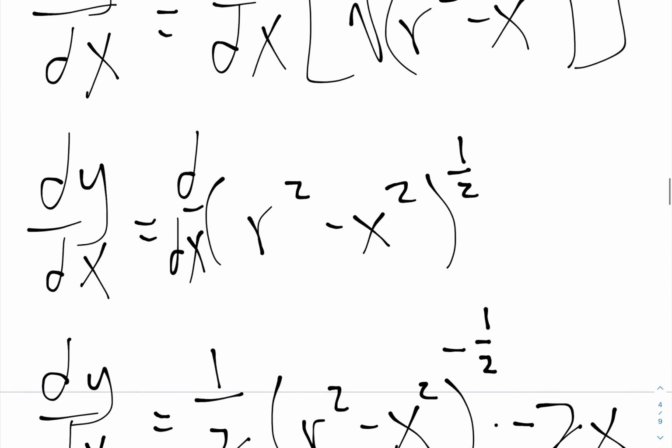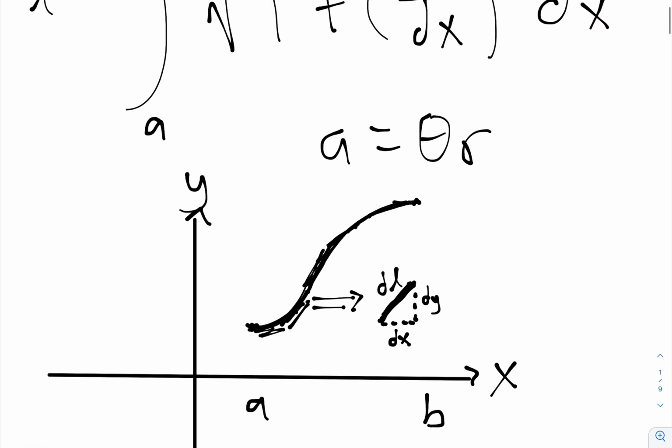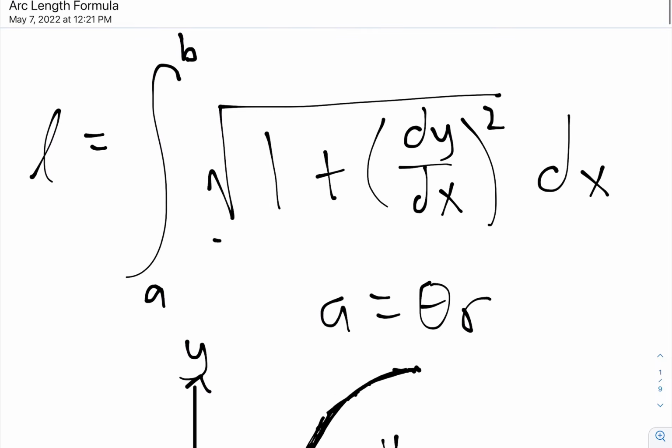I know some people go through trigonometry and say, well, A equals theta r. That's all you really have to know about arc length. But that's only when we're dealing with circles. With this function here, this is so cool. No matter what the function is, we can differentiate it, square it, add it to 1, square root that, and then integrate it from a to b with respect to x, or whatever your independent variable is, and we're going to get our arc length back.